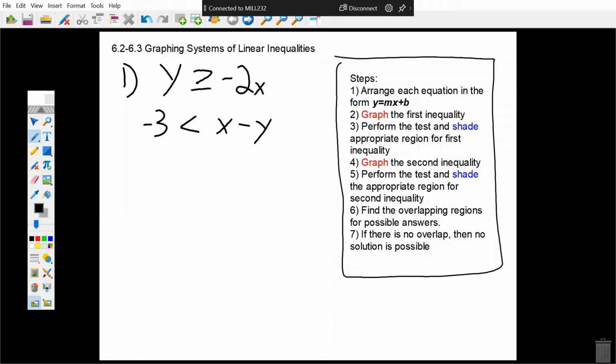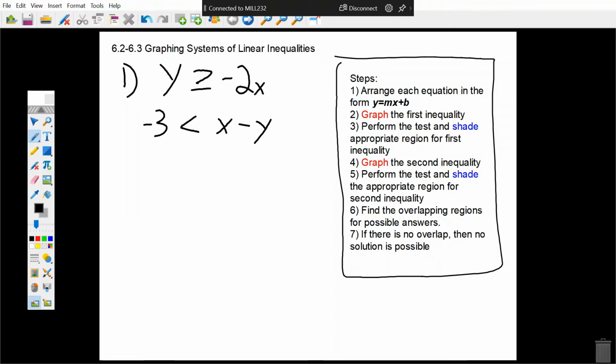Step 1 is to arrange each equation in the form y equals mx plus b. Then you are going to graph the first inequality. Next, you will perform the test and shade the appropriate region for the first inequality. Second, you will graph the second inequality, perform the test, and shade the appropriate region for the second inequality.